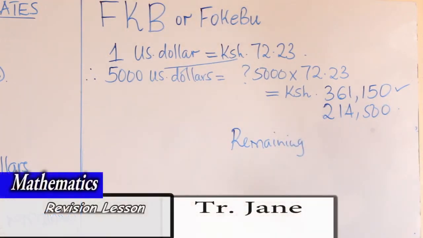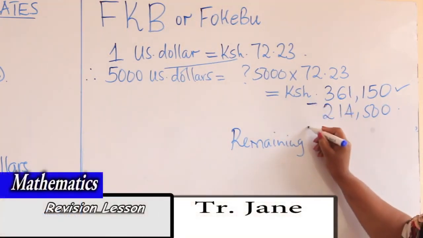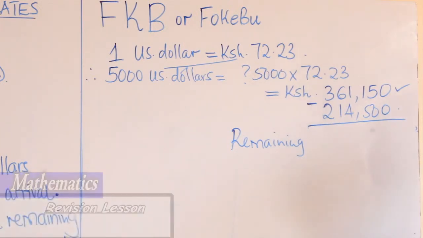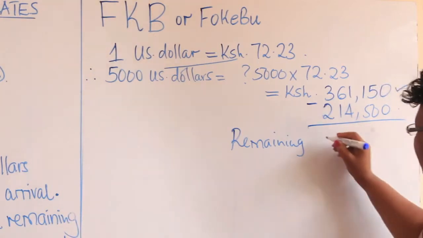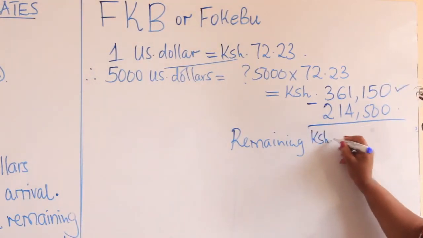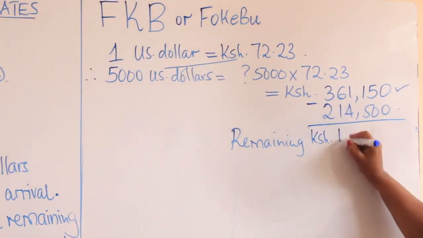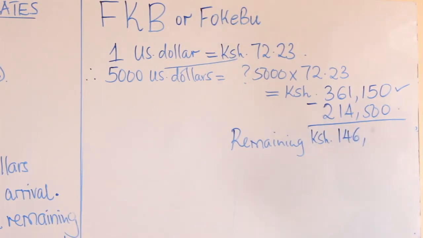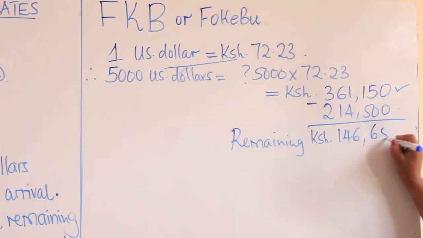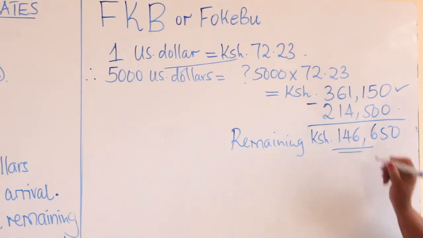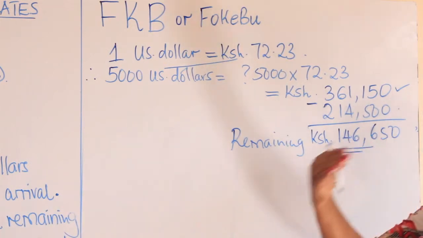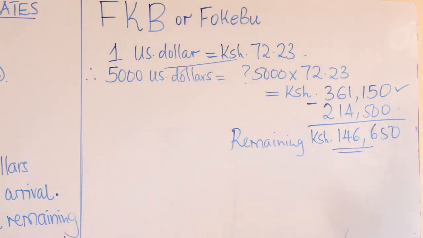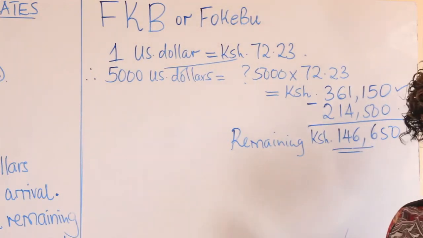To get the remaining, you subtract. If you subtract that, you get Kenya shillings 146,650. And therefore, this is the money that he now converted to sterling pounds.